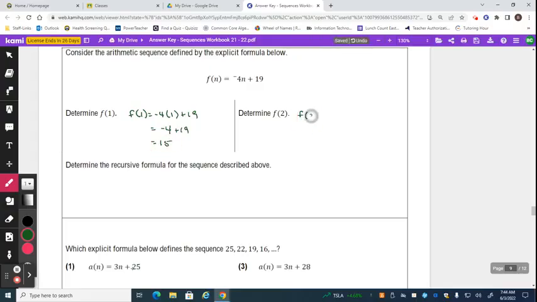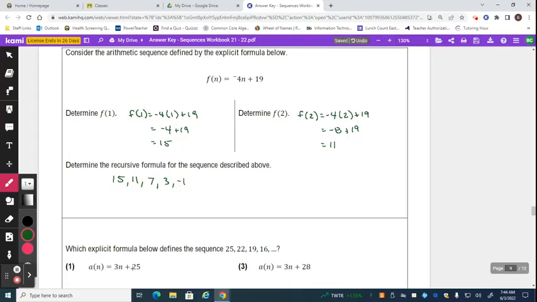The second term equals 11. So our first term is 15, 11. The next term would be 7, 3, negative 1. So our numbers are going down by 4.